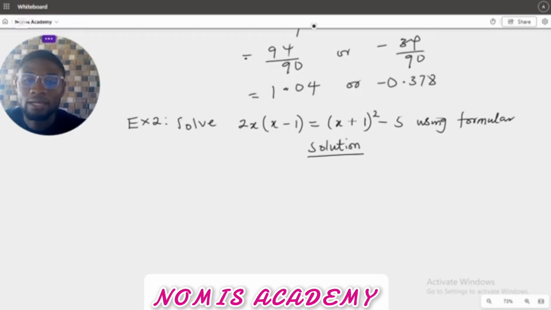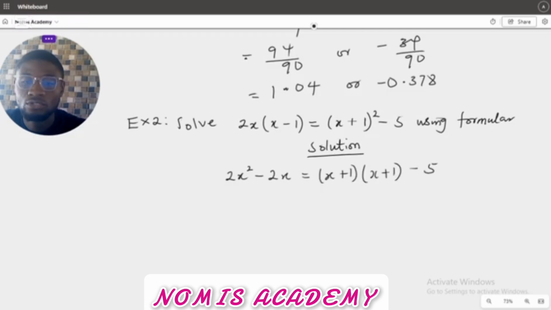So when we open that bracket, we have 2x multiplied by x, that is 2x squared, minus 2x multiplied by 1, 2x, equal to (x plus 1) multiplied by (x plus 1) minus 5.